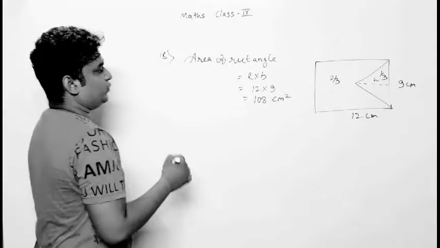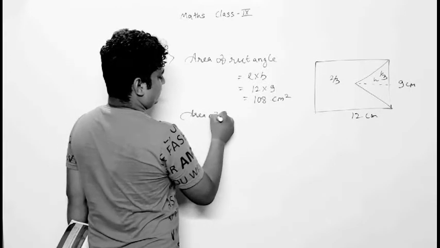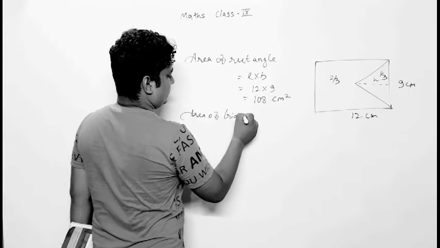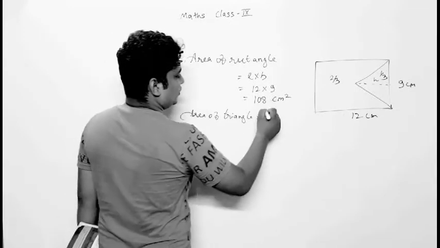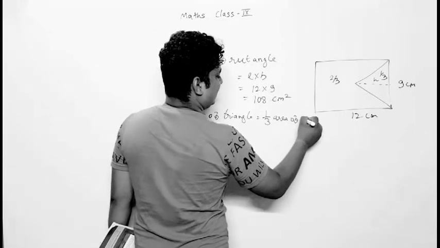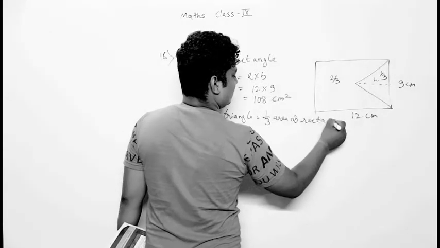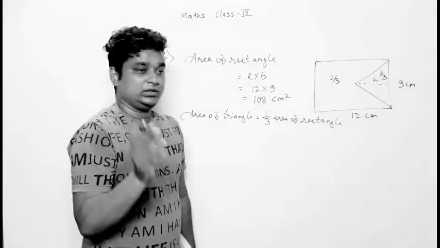So what we need to do: area of triangle equals 1/3 the area of rectangle.